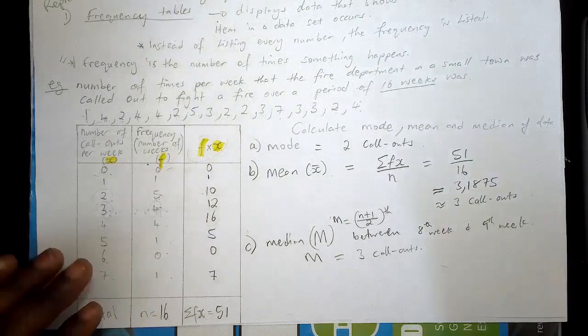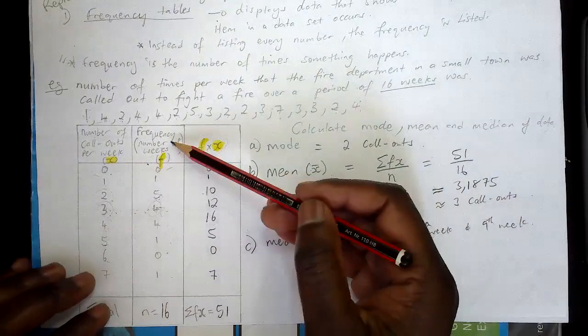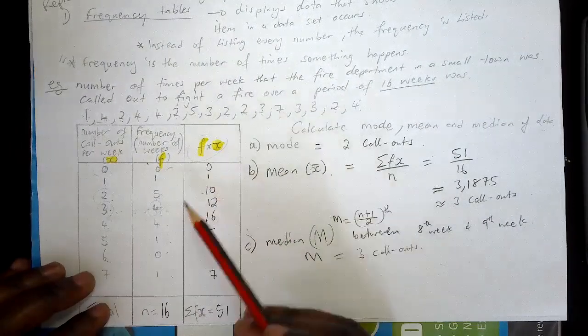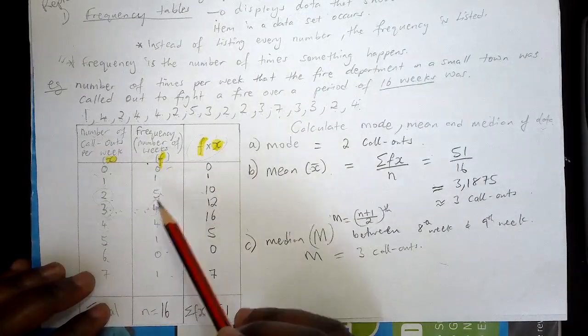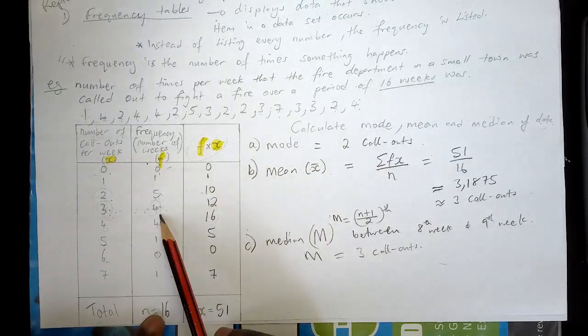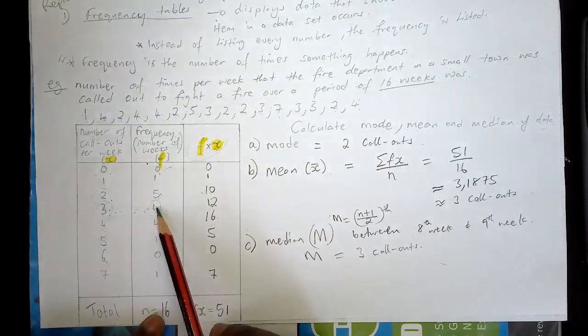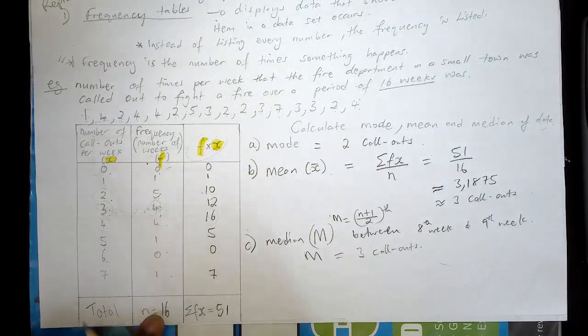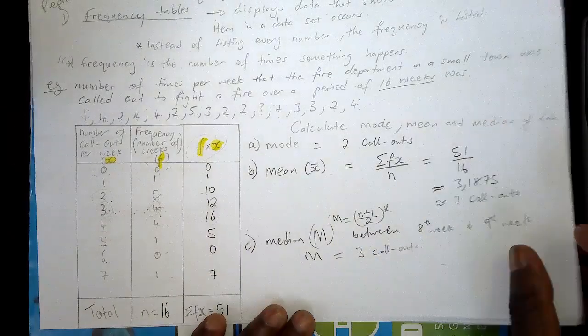Once we get that, we come to the frequency here, and it's more like we're arranging the data in order. So we check where we find the 8.5th number. It's actually here on the 4 here. So we're going to take 3 here. Okay, 3 call outs.